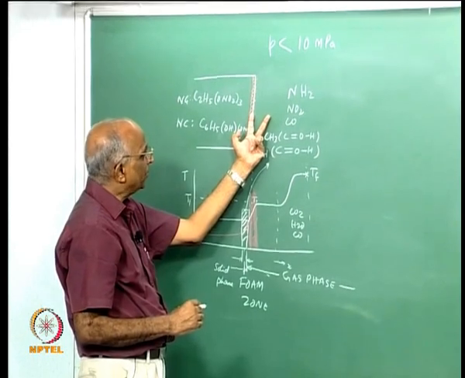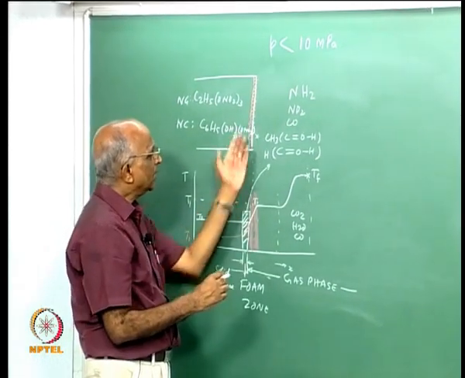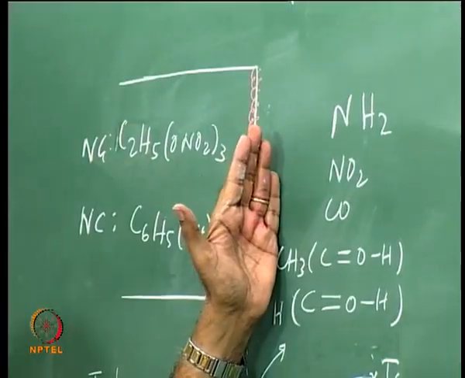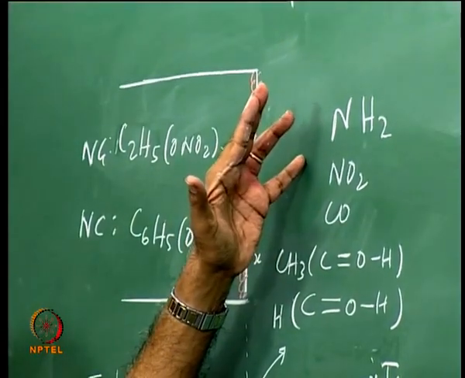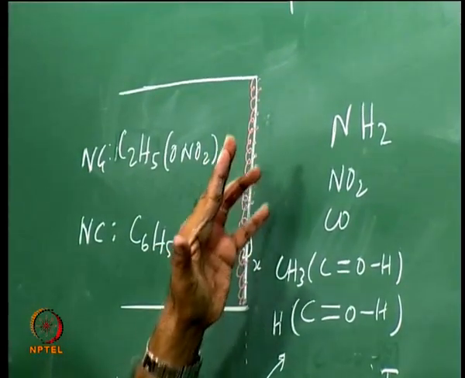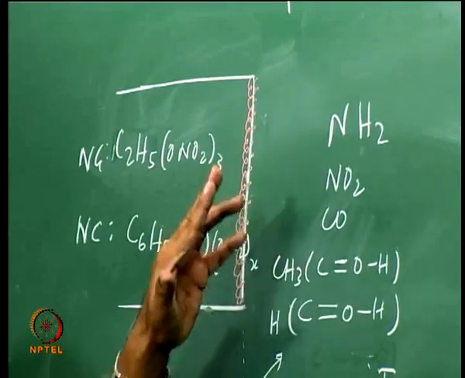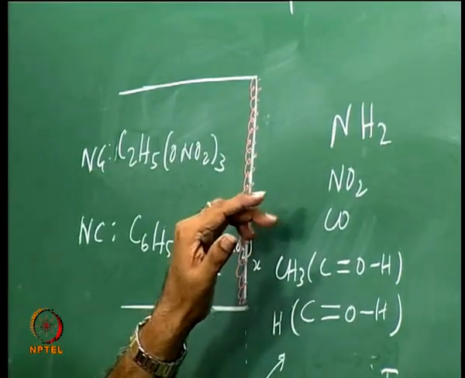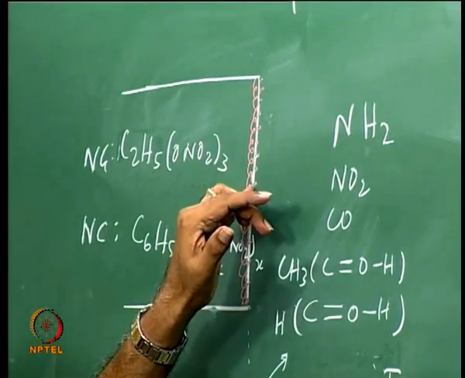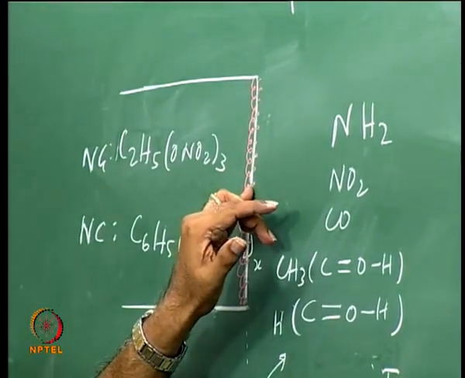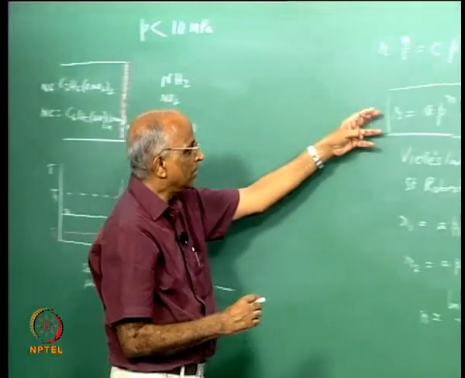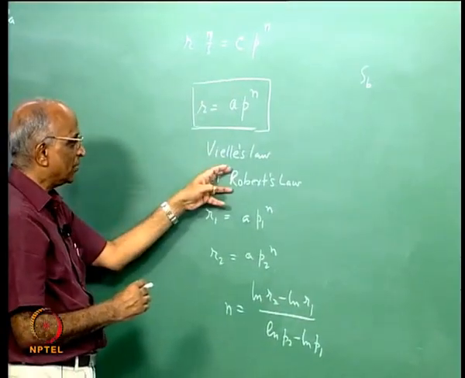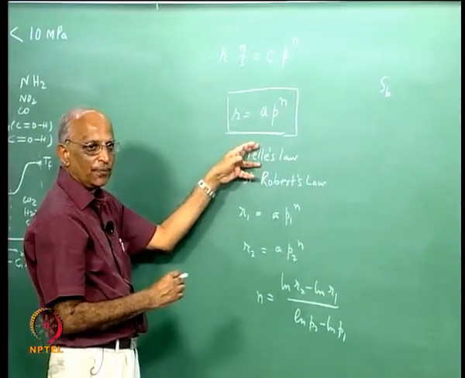We wrote an equation and were able to say that the velocity of the gases in this zone depends on pressure, and the initial temperature, maybe Ti, T1, maybe the surface temperature, activation energy and all that. And since the velocity of gases is directly proportional to the burn rate R of the propellant, we said that the law is R = aP^n, which is known as St. Robert's law or Vieille's law.